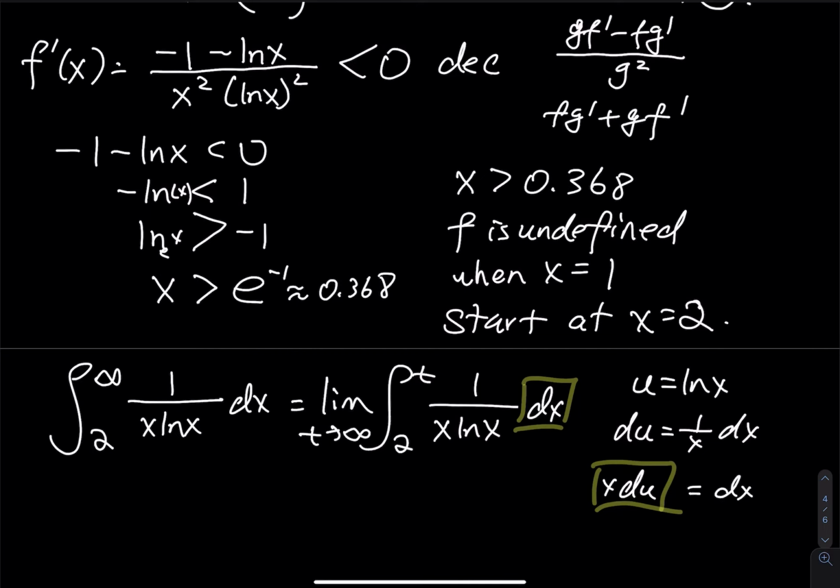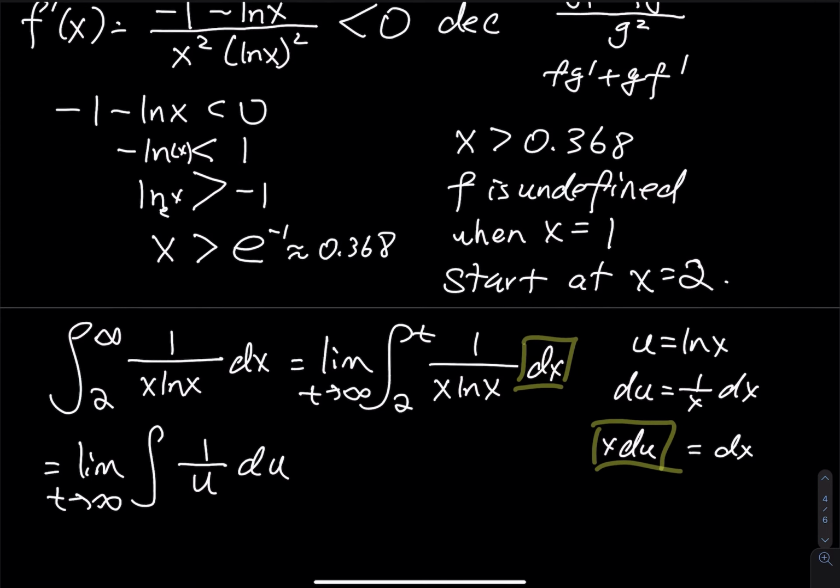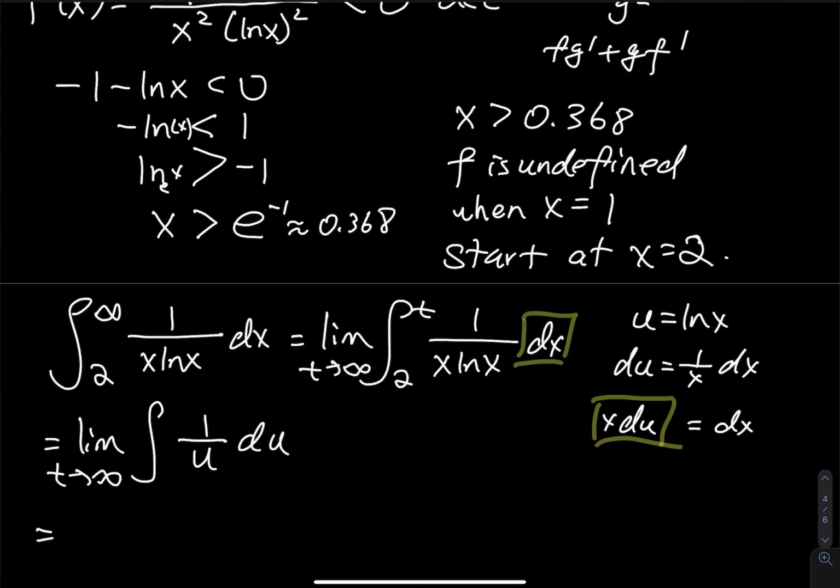All right, and then we have the limit as t approaches infinity. We don't write the upper and lower limit. We have 1 divided by u, and then du. That's it. 1 divided by u du. So that is equal to ln, right? ln absolute value. But do we need the absolute value? Yes, we do.